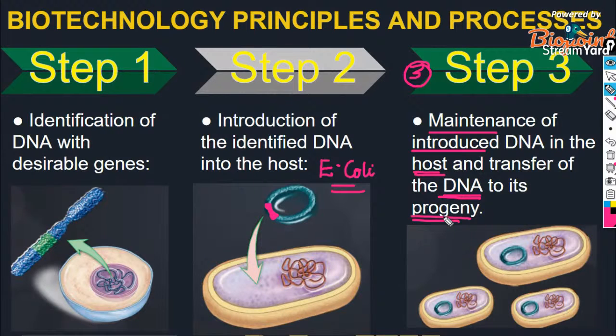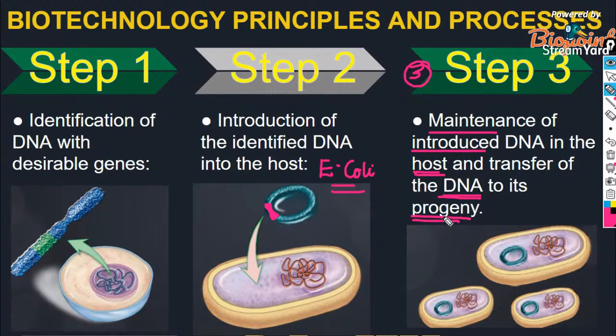There are different methods to introduce a DNA into a host cell, but the important thing is that we have to maintain how that particular organism is maintained inside the organism under a sterile condition.